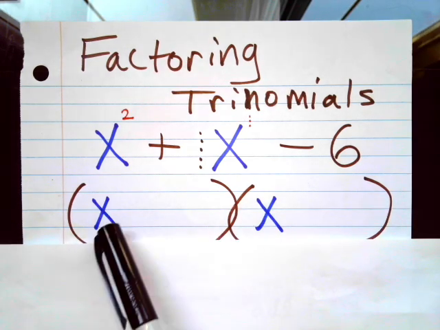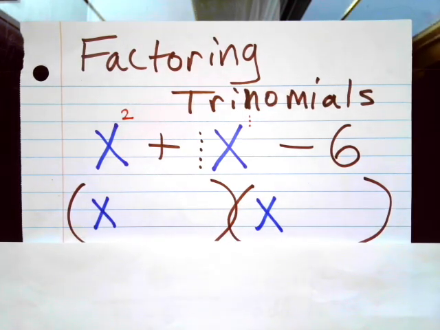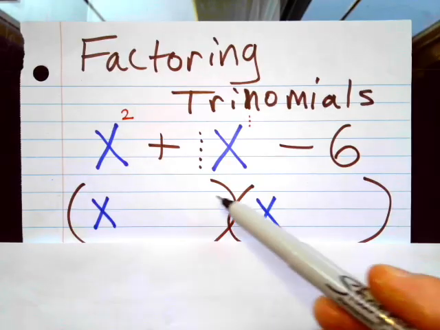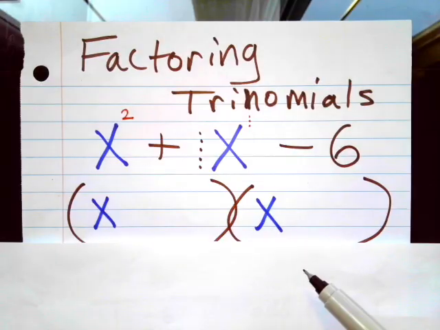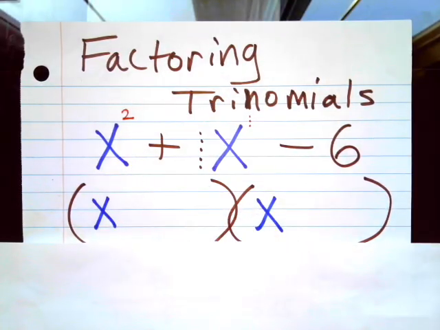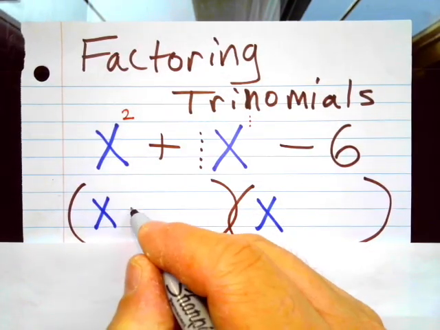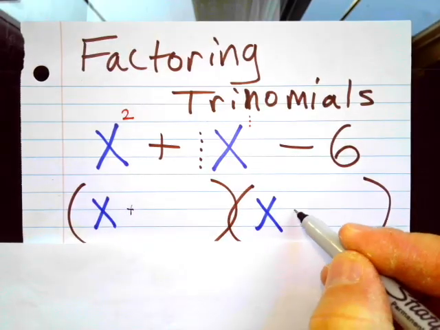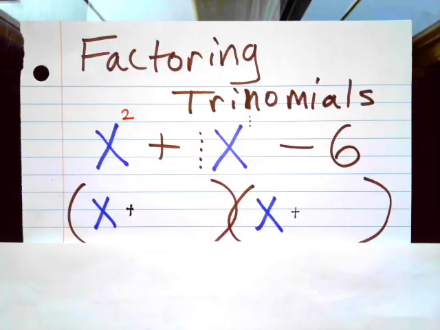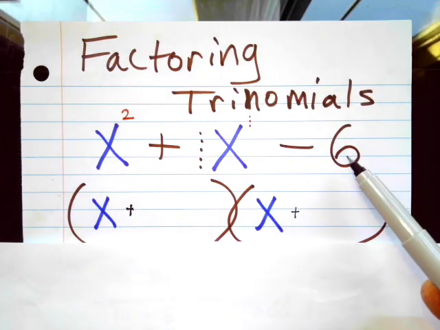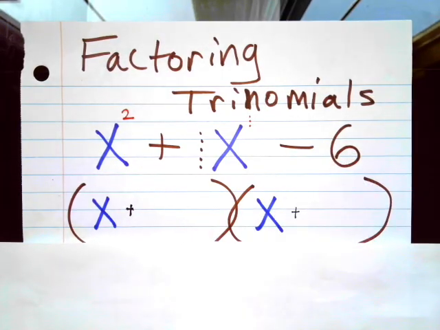And I know that x times x will give me x squared, and remember, we're going to be foiling these terms to check our answers. I can put a plus sign right here in between these two terms. And now I need to come up with two numbers that multiply to a negative 6, but will add up to a positive 1.